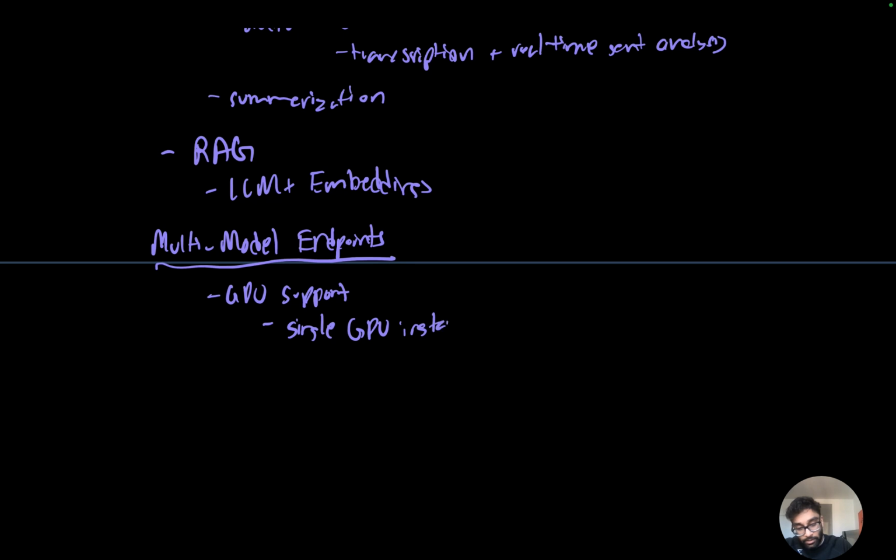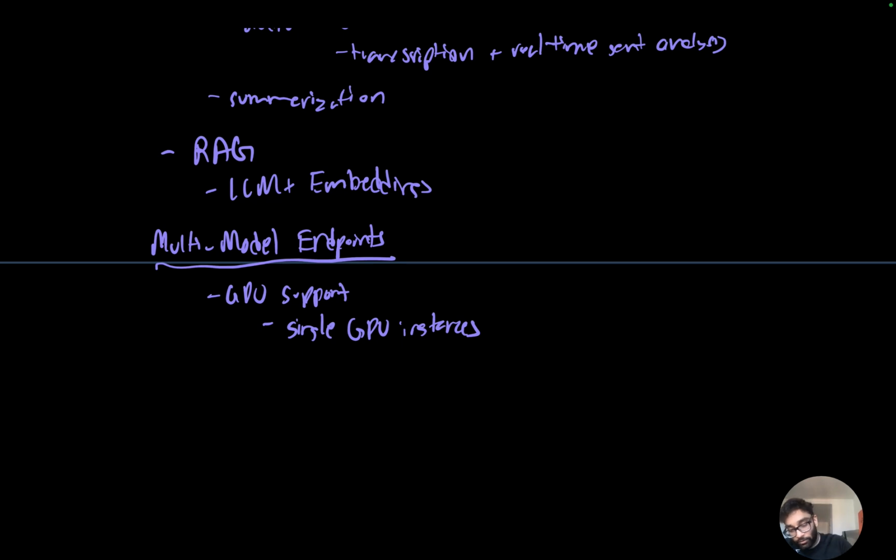And this leads to challenges, because with single GPU instances, we can't really shard a model. And as we saw in our LMI hosting video, for most of these LLMs you need multiple GPUs across which you can partition the model for efficient inference and performance. So multi-model endpoints are a little difficult.